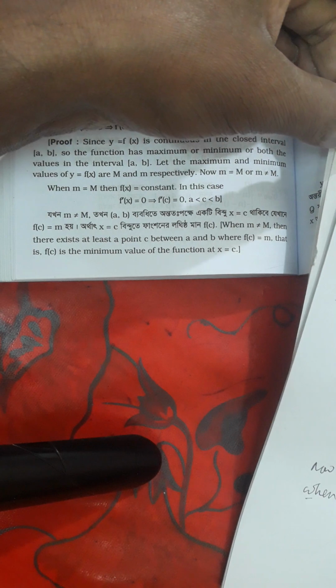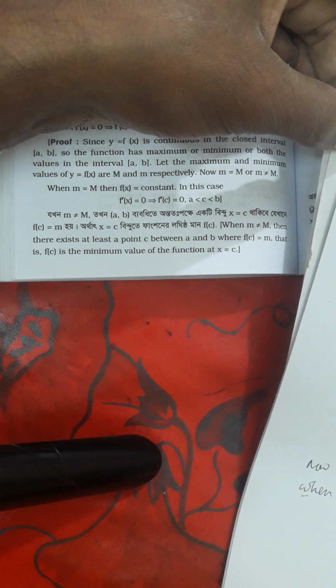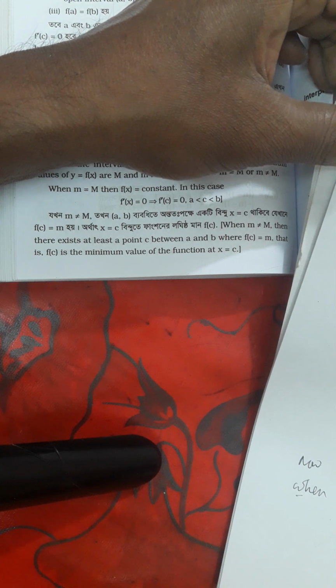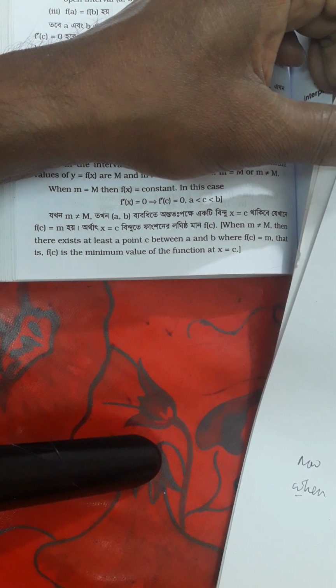In this case f prime x equals 0 and f prime c equals 0, where c takes values from a to b.